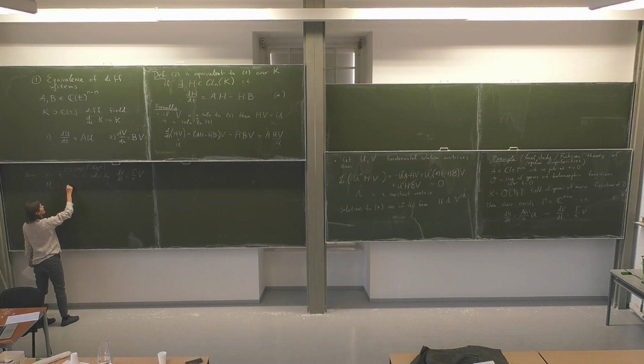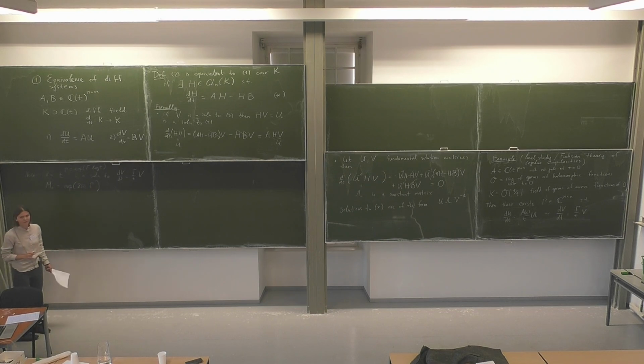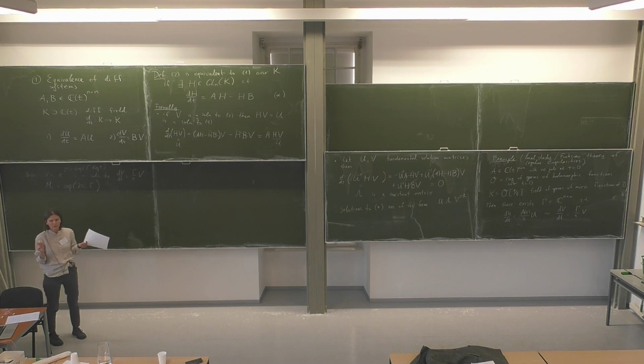So the monodromy matrix is exp of 2 pi i gamma. Then for two equivalent systems, monodromy matrices are conjugate because meromorphic functions have no monodromy around 0.